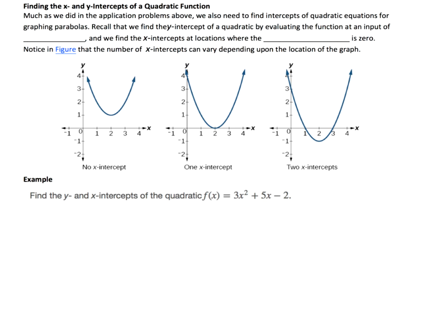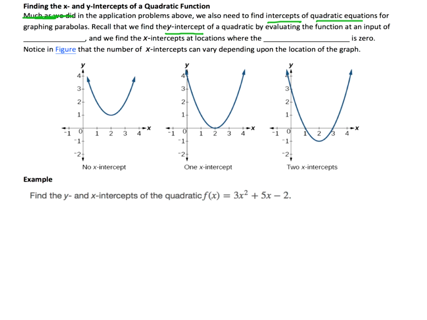Okay, so we actually talked about this next concept briefly in 5.1, and now we're just solidifying that knowledge about X and Y intercepts. I must have missed something there. We also need to find intercepts for quadratic equations for graphing parabolas.